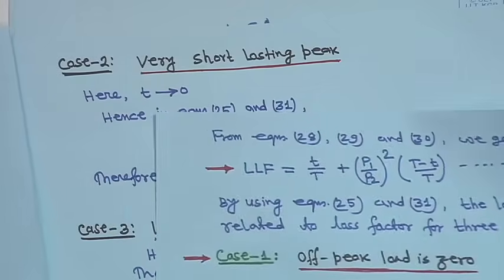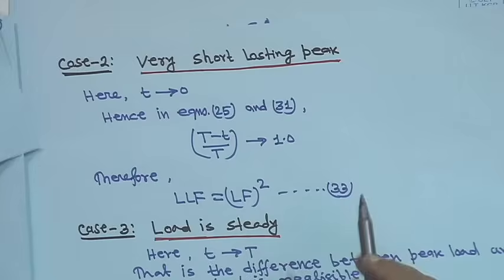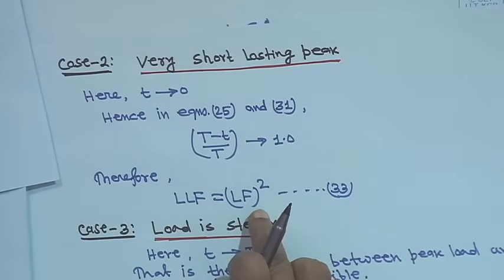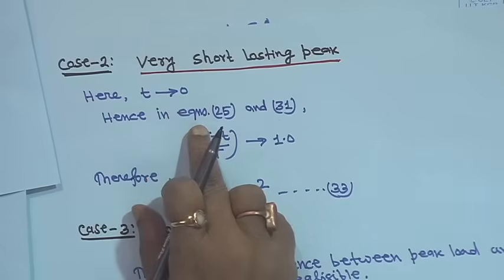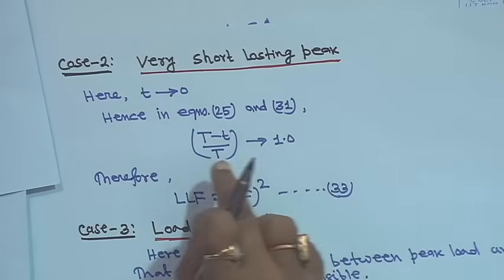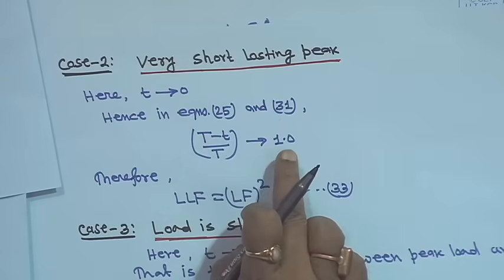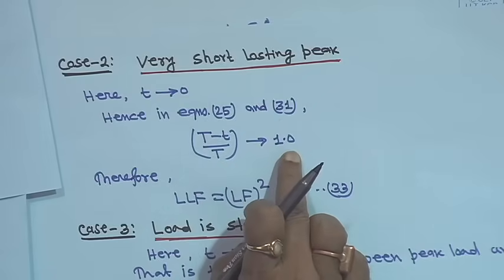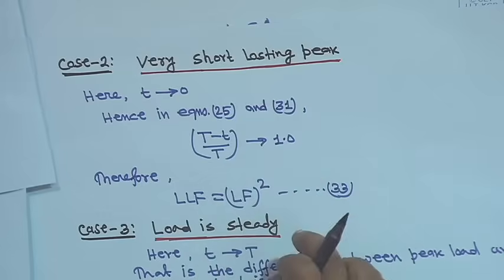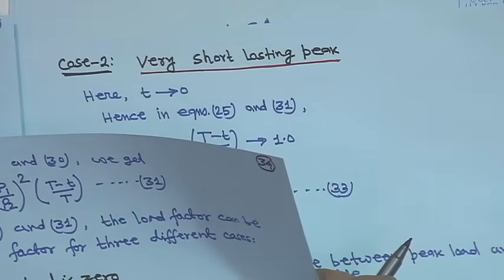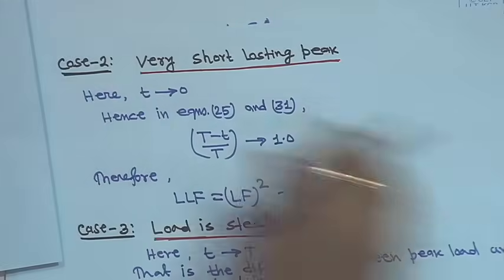So, from these two conditions you will get that loss factor is equal to load factor square. You take t tends to 0 in equations 25 and 31. If t tends to 0, then (T minus t) upon T tends to 1.